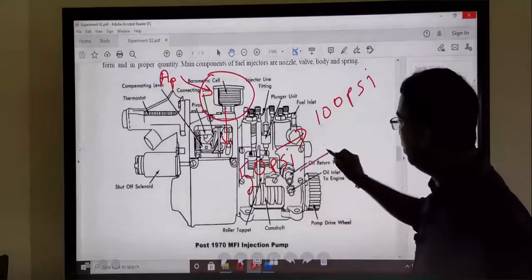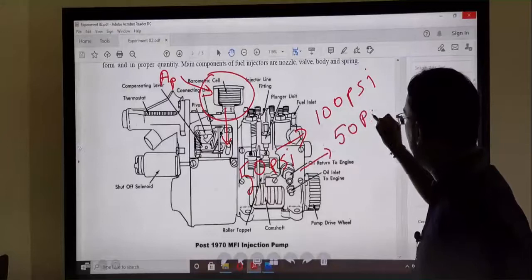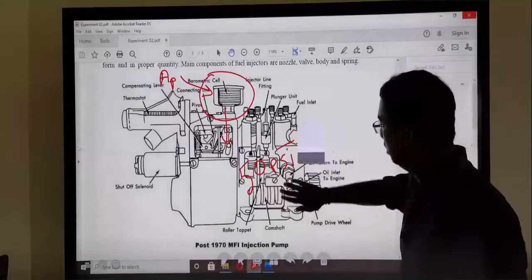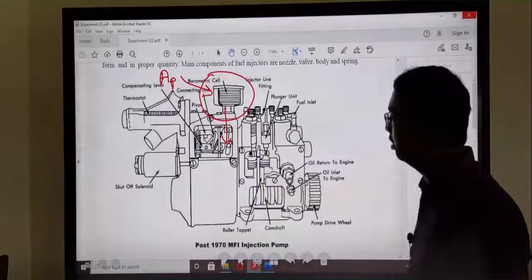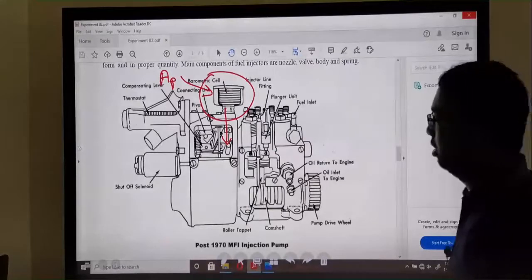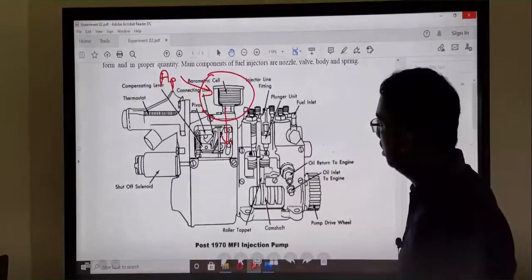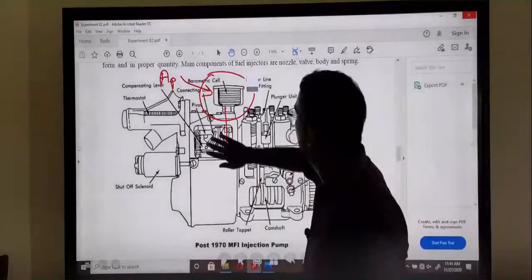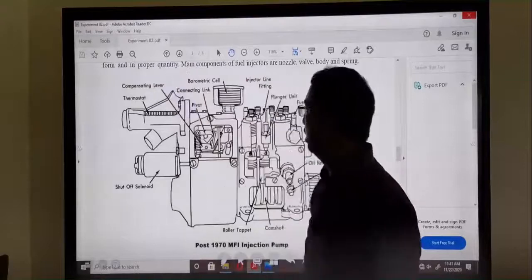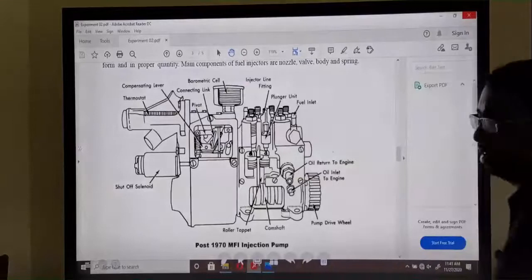It now needs to achieve only 50 psi more, so the efficiency is very high. This is why these types of barometric cells are used to increase the pump's efficiency.